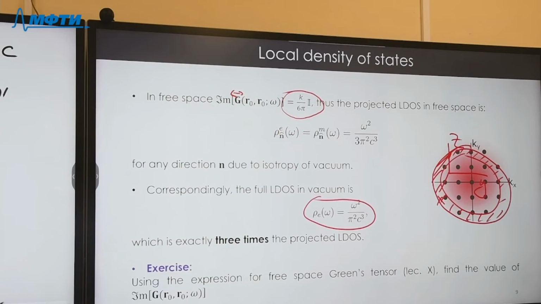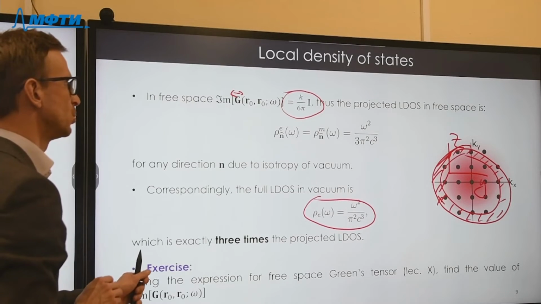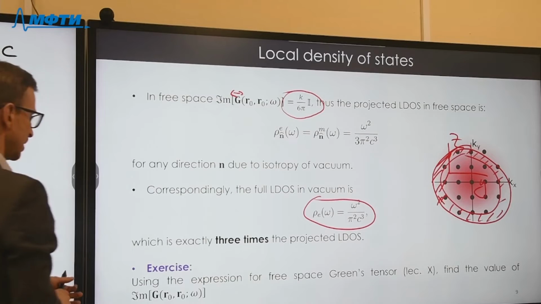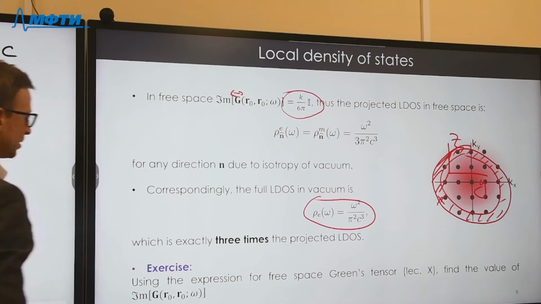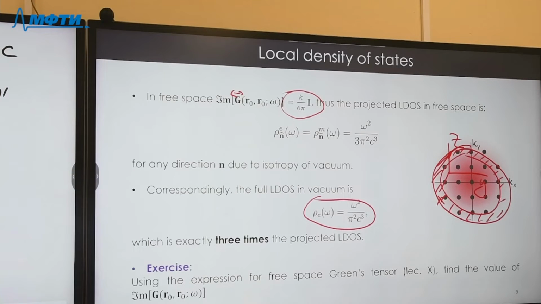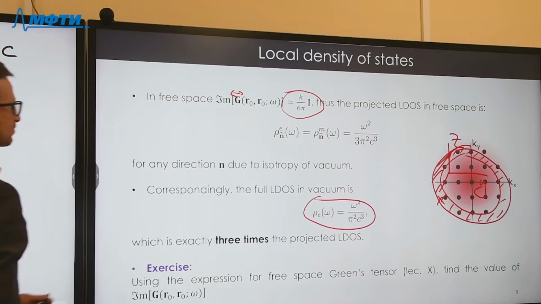So an exercise for you: using the expression for the Green's tensor that we obtained 2 weeks ago, calculate the value of the imaginary part at the origin. This shouldn't be difficult. That's a useful exercise.